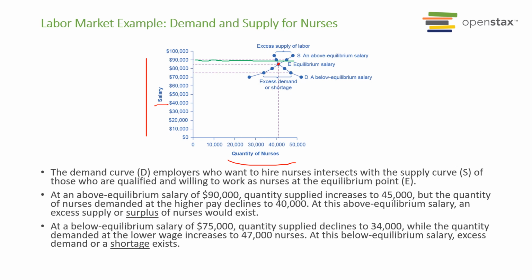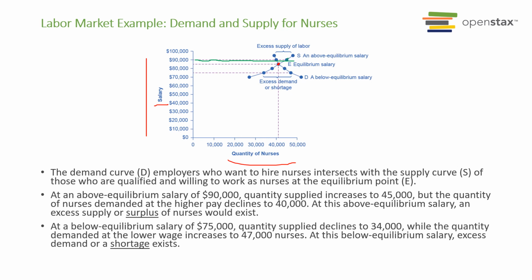The labor market shows the same thing: as the wage goes up, more people come into the market looking for a job because the wage is very high. But at the same time, a higher wage gives companies an incentive to hire fewer people, because employees become too expensive and companies look for other alternatives for production. So we see a higher quantity supplied of labor and a lower quantity demanded for labor.